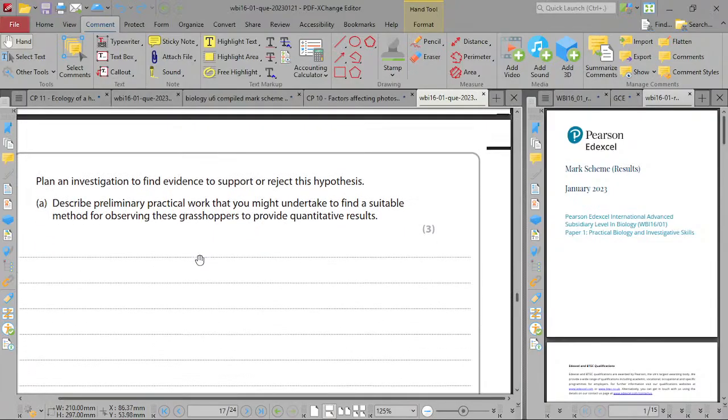So describe preliminary work. Remember, the suitable stuff. So suitable this, suitable that.